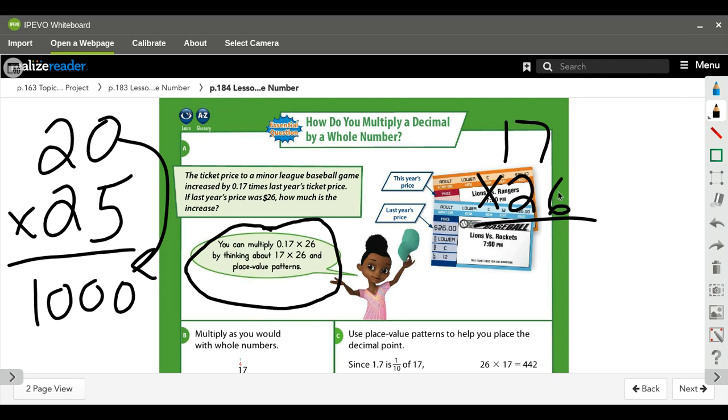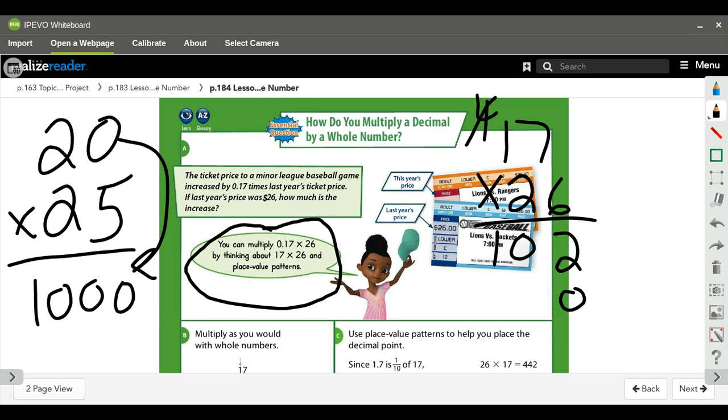Okay, so when I take a look at 17 times 26, 6 times 7, I get 42. 6 times 1, I forgot to regroup the 4. 6 times 1 is going to be 6, plus 4 is going to be 10. So my first partial product is going to be 102. Now I put my placeholder, cross off the 4.